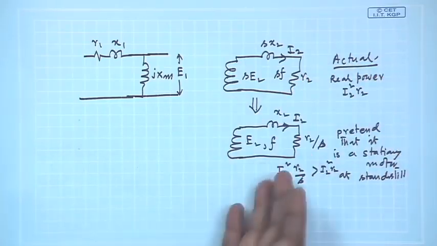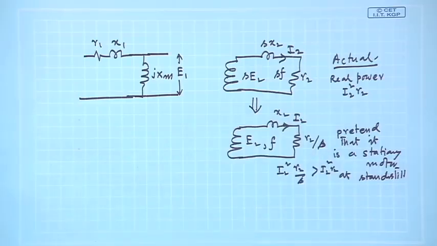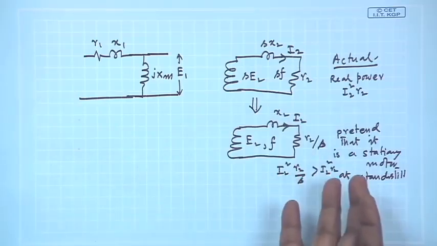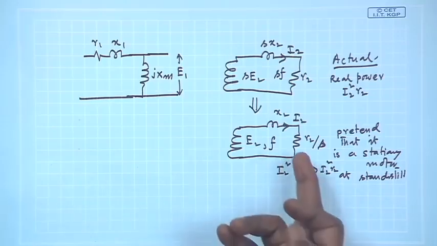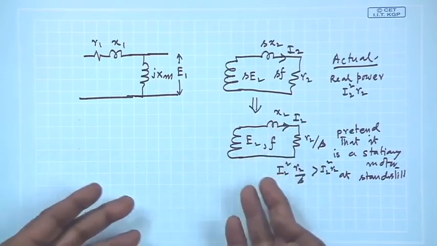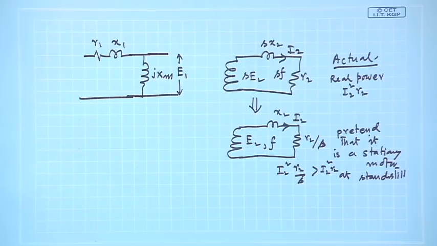But in this case, I asked you to consider an imaginary motor whose rotor resistance is R2 by S, X2, and it is not moving. Therefore, no question of any mechanical power comes in, because mechanical power is torque into 2 pi n r.